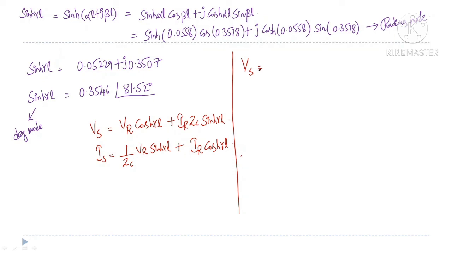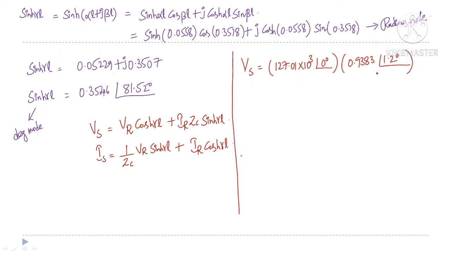By substituting all the things in these equations, Vs will become: what is VR? VR phase voltage is 127.01 into 10 cube. As we considered VR as reference, I got the angle as 0 degrees, and we got cosh γL value as 0.9383 at an angle 1.2 degrees.